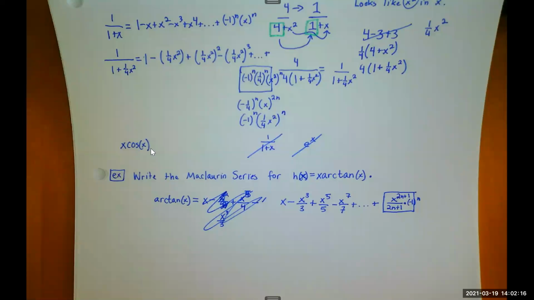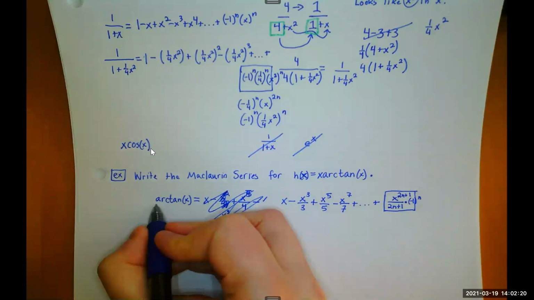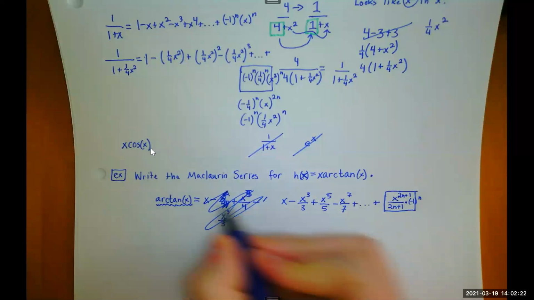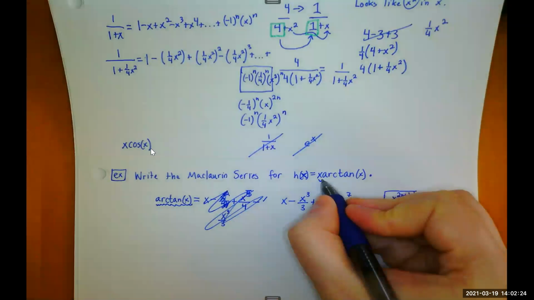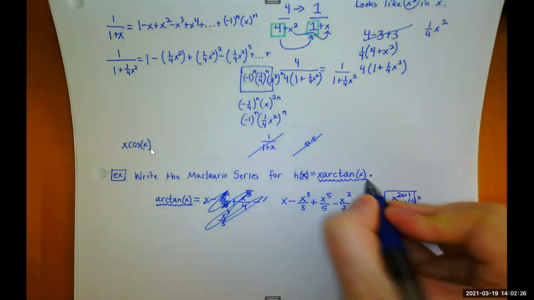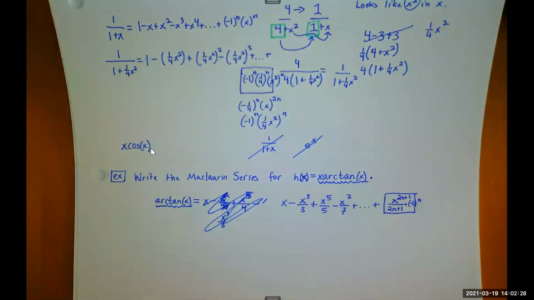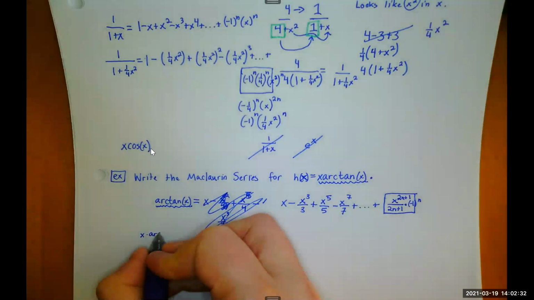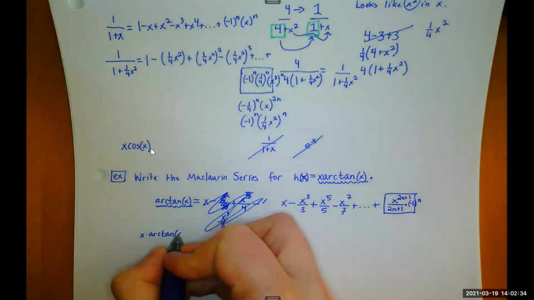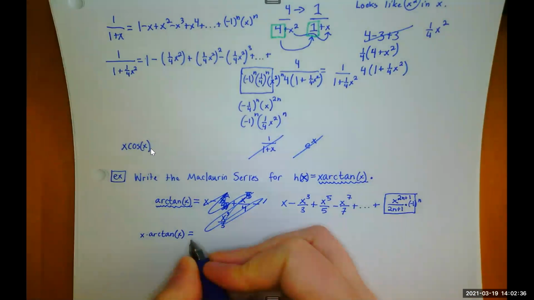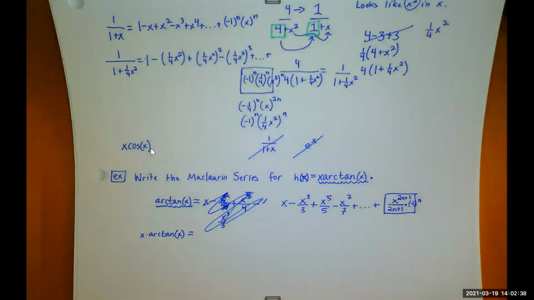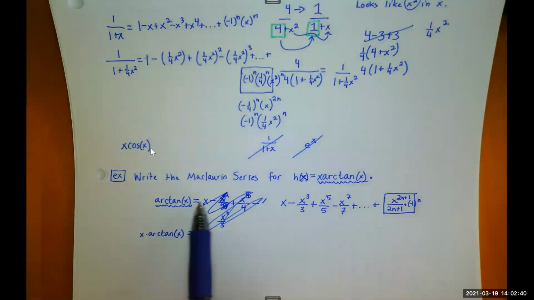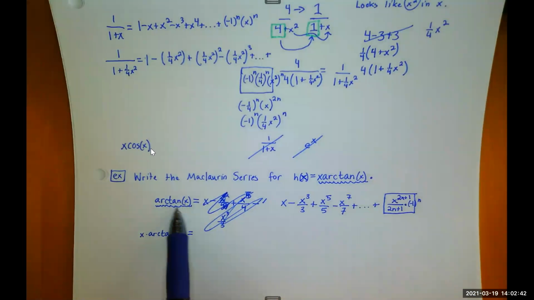So I think it would be fair to say that arctangent of x looks a fair bit like x arctangent of x. The thing that's different is we're multiplying arctangent of x by x. We have on several occasions looked at how we can evaluate this function or replace x with some operation on x.